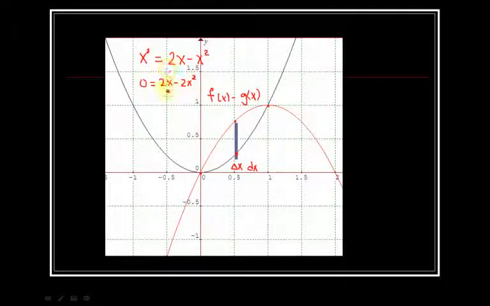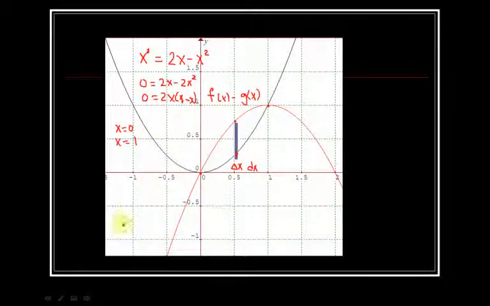Factoring a 2x out of each term, I get 0 equals 2x times (1 minus x). So I can easily see that my values of x from there are going to be x equals 0 and x equals 1.